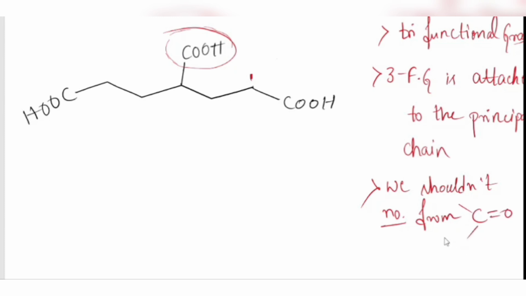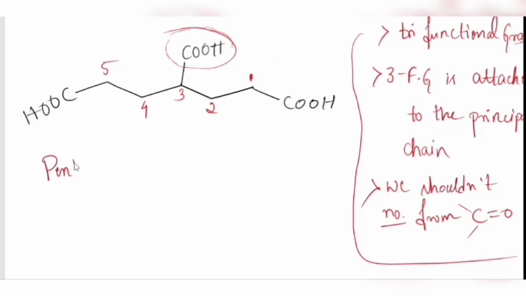This is the rule for naming this type of functional group. I have to start numbering from the adjacent one, 1, 2, 3, 4, 5. It contains 5 carbon atoms. That's why I have to name it as pentane.